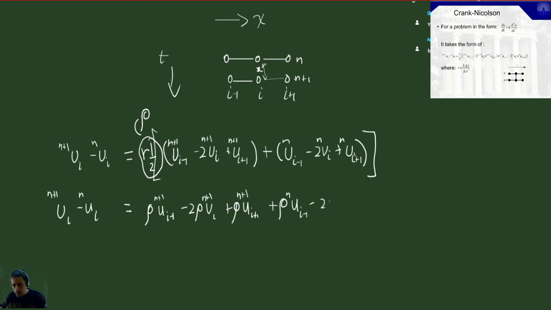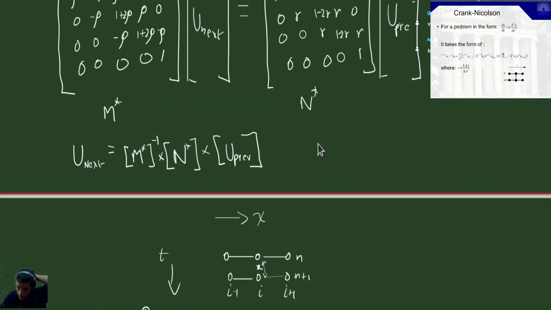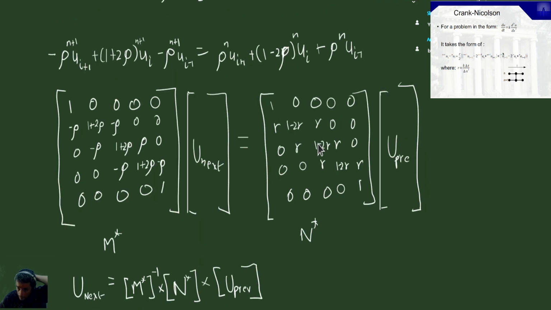Hello, are you still there? No, what I was asking is, towards the end when you built the matrix, I was wondering why it was R on one side. Oh, sorry, that was a mistake on my part. That should have been rho. Oh, okay.